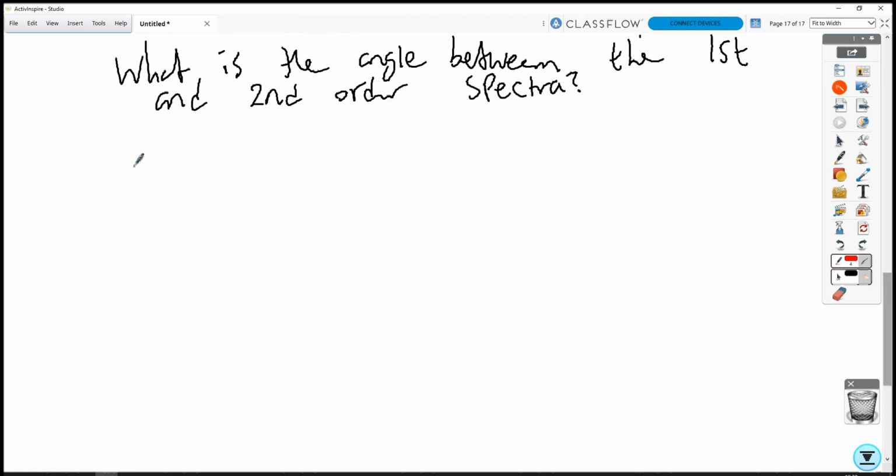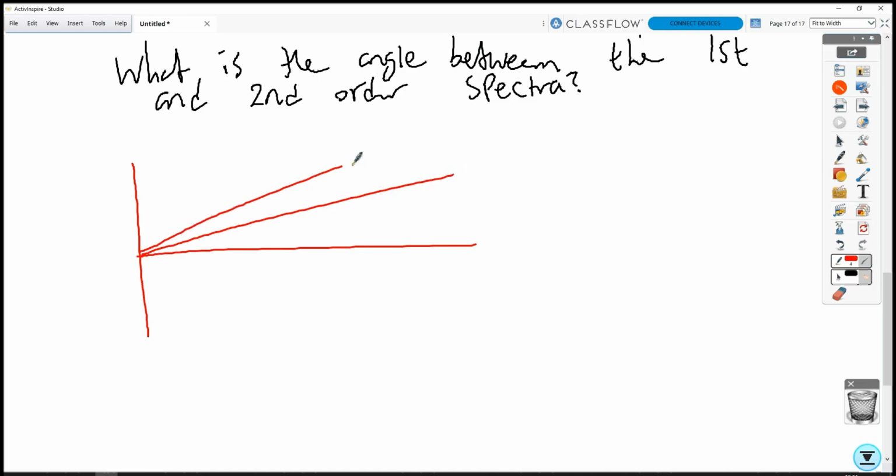So to work out this question, we want to first sketch the maxima. So ultimately what we want is the angle between the second and first order, so I'll call that theta 2,1.